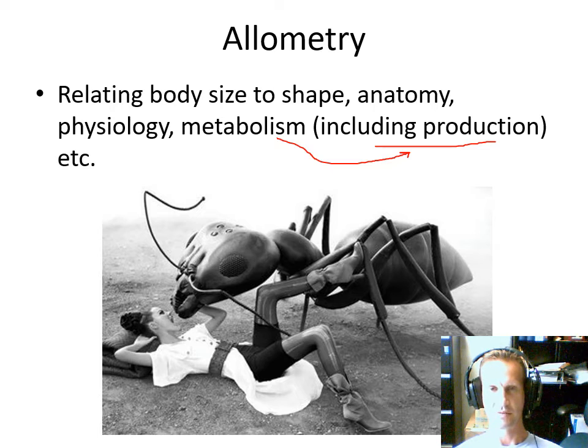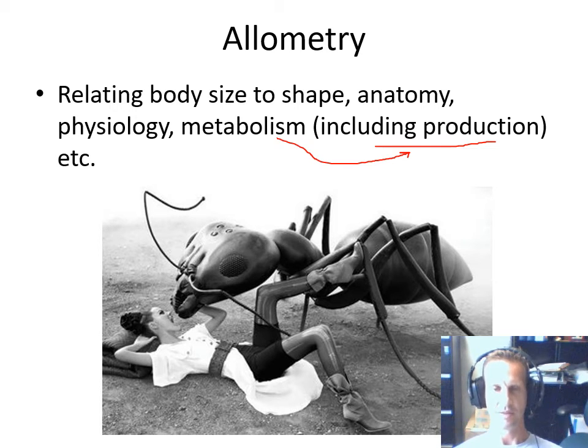And that's sort of because of the size scaling of things like the surface area to volume ratio, which we talked about in the primary production lecture. Because of the way things scale with body size, certain things change and it sets limits on life. Like the reason you can't have a Godzilla-sized dinosaur is because it would collapse under its own weight and it wouldn't be able to diffuse the heat that was generated within its body.